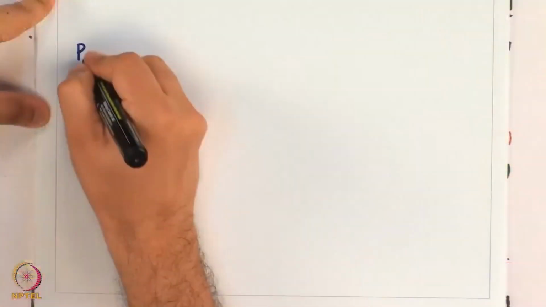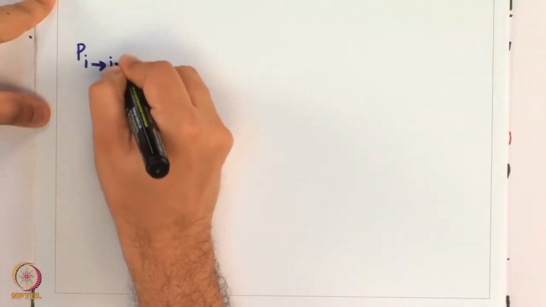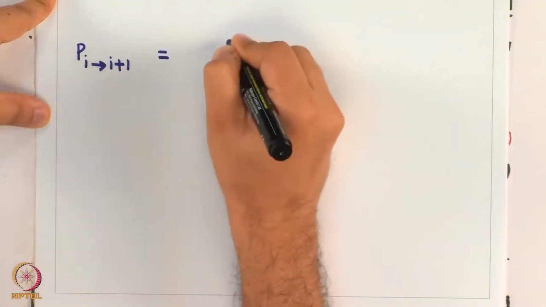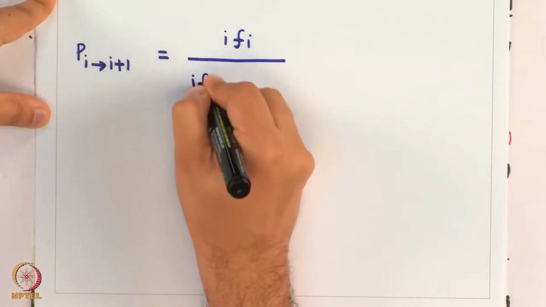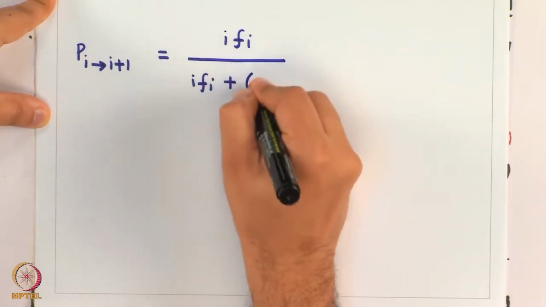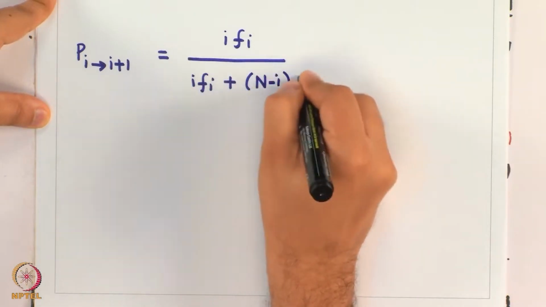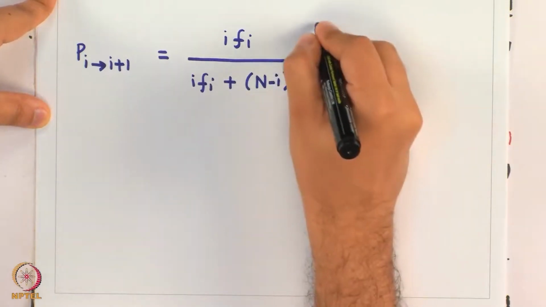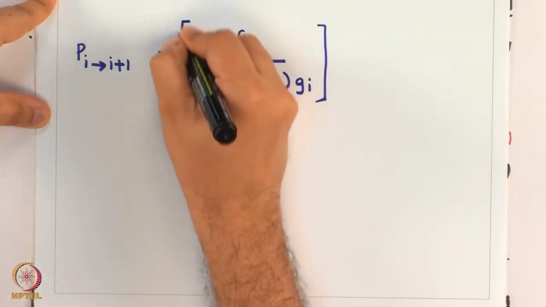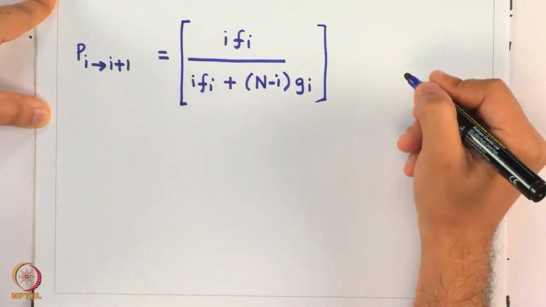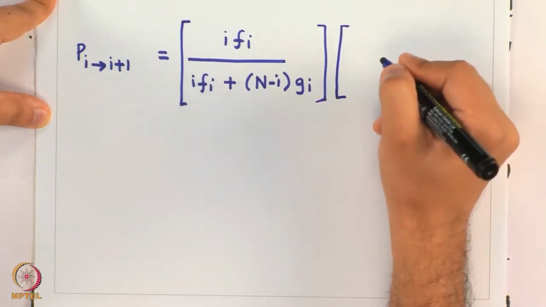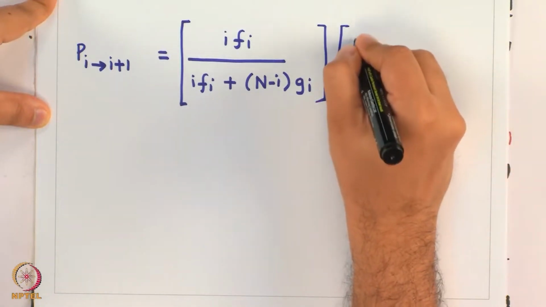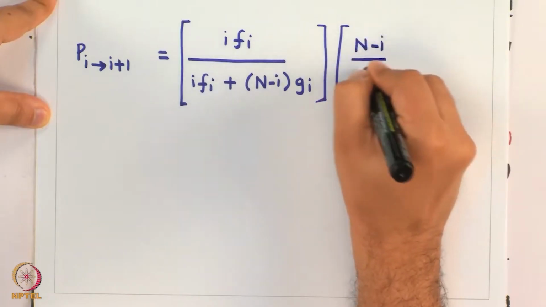Just to rewrite this, we had derived the transition probability from I to I plus 1 as I Fi divided by I Fi plus n minus I Gi. This is the probability associated with selecting an A type individual for replication, and this has to be paired with the probability that a B type individual gets selected for death, which is just n minus I upon n.